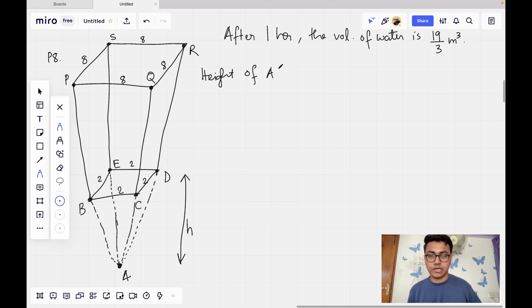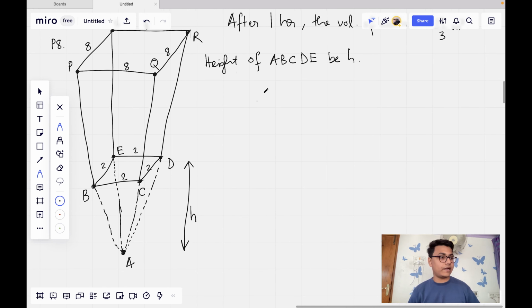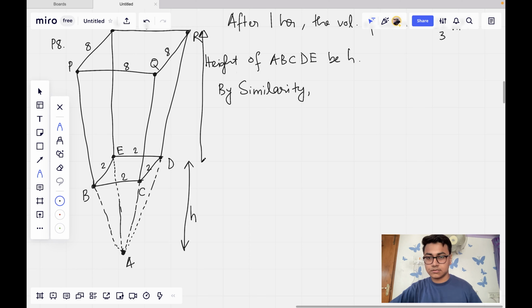Height of the pyramid A, B, C, D, E, B, H. If this is H, by similarity, we already have this height as 6.